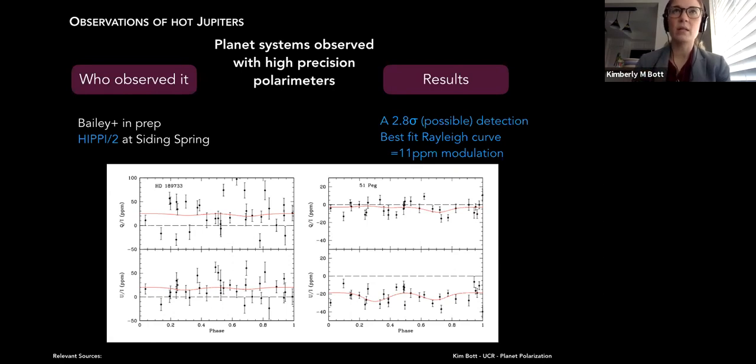The 2.8 sigma is for a detection of the polarized light from the planet, not necessarily for the 11 parts per million being exactly right, if that makes sense. So there's some confidence that we've detected polarized light from the planet, and it's just our best fit with a Rayleigh-Lambert model that it's a modulation of 11 parts per million.